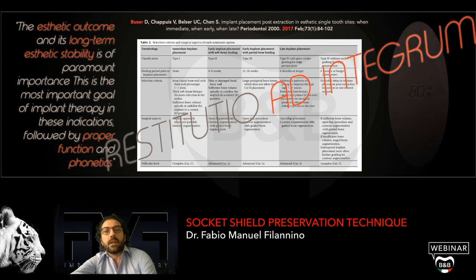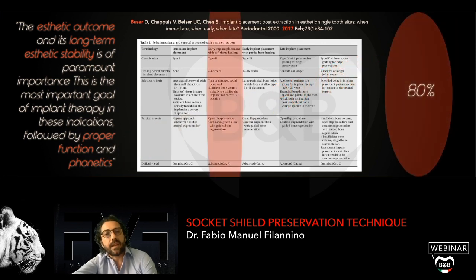What we know from this article is that 80% of the cases of post-extraction sites with an implant in the aesthetic area are from the type 2 group. The other groups are immediate implant or GBR with the implant at the same time, which are considered advanced surgery.